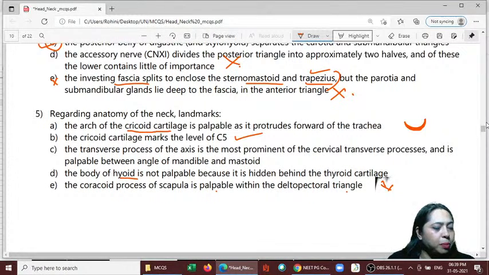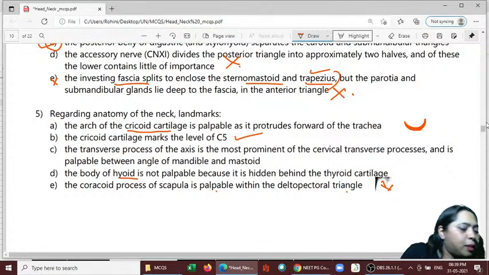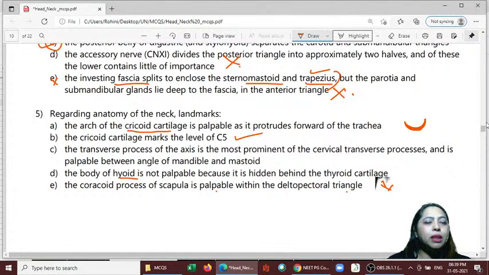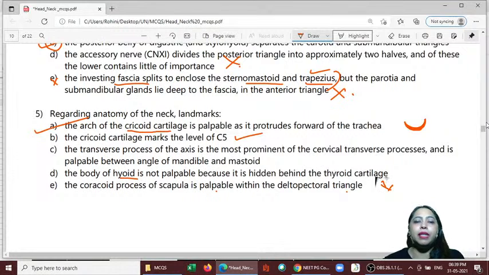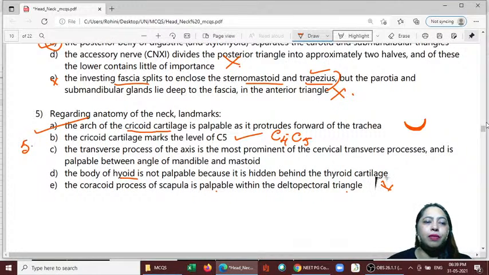So now which statement should you take? I would go with the statement A. The arch of cricoid cartilage is palpable as it protrudes forward of the trachea. The cricoid cartilage marks the level of C5, but it is between C4 and C5. So the answer is A, 5A.